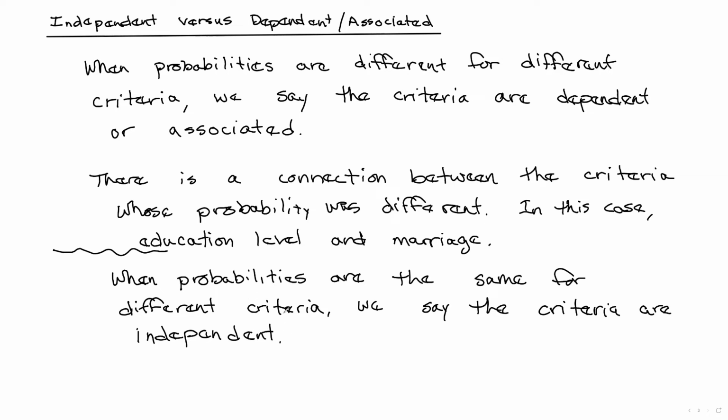So I haven't given an example that works that way. But actually, let me finish this. What that's saying is that there is no connection between the criteria whose probabilities ended up being the same.